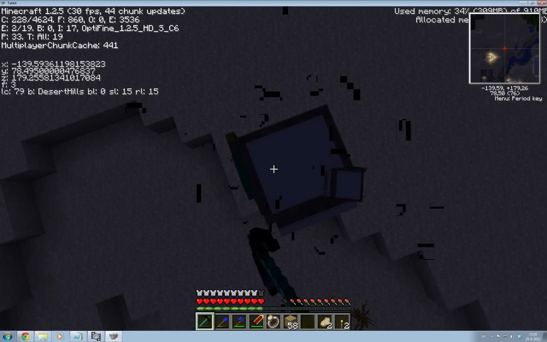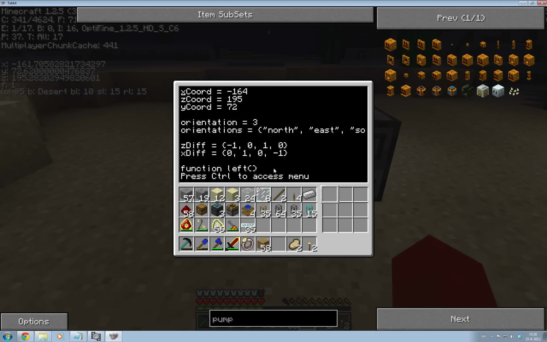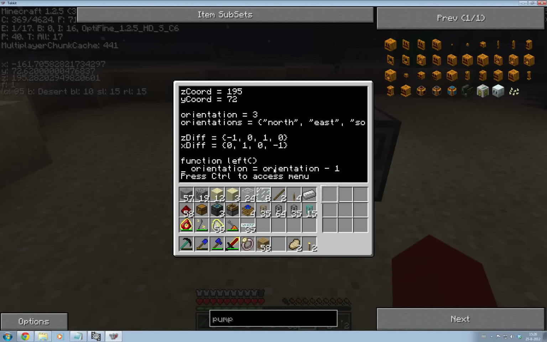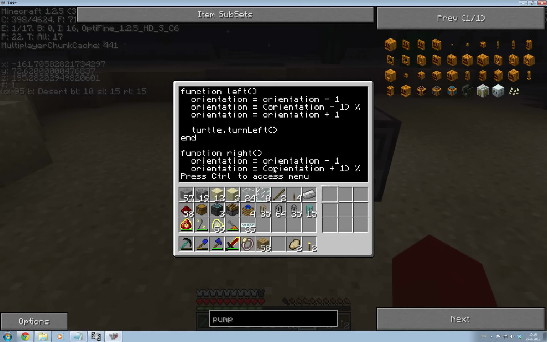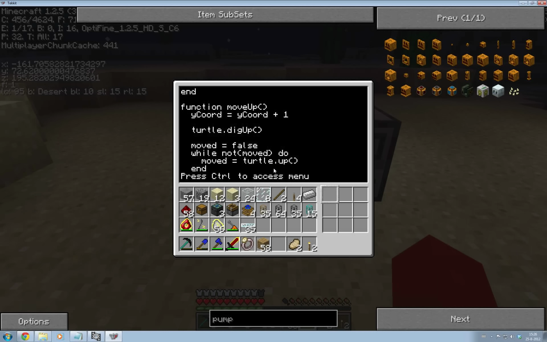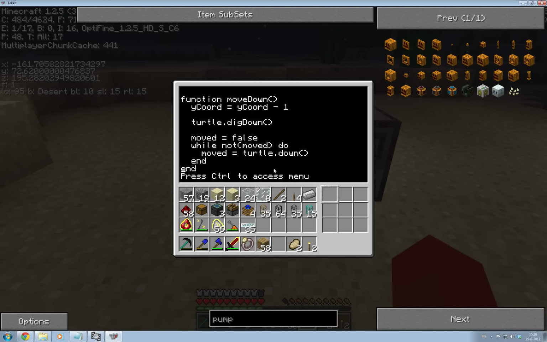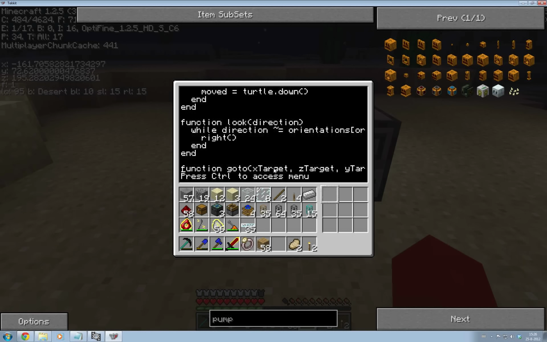Right, I'm going to do a little bit of debugging here. Oh, the wonderful world of fail. Alright, so the turning left and right, we already checked that was working properly. Move forwards working properly. Move up and move down we tested, that should be working properly. So is the looking going okay?